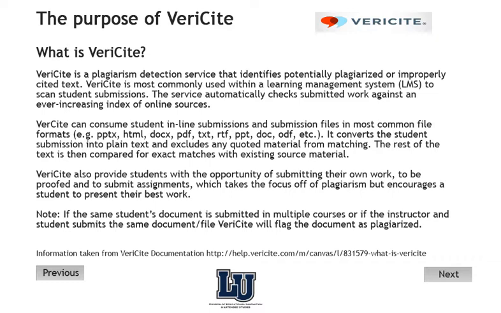VeriCite can consume student inline submissions and submission files in most common file formats. It converts the student submission into plain text and excludes any quoted material for matching. The rest of the text is then compared for exact matches with existing source material.